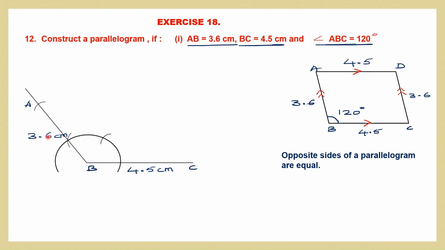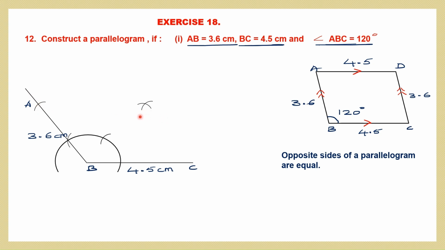So now we have AB 3.6, BC 4.5. Now look at the rough figure here. Let's construct CD 3.6. So take your compass, measure 3.6 centimeters, place it at C and draw an arc. Now AD is 4.5. So take 4.5 centimeters on your compass, place it at A and cut this arc.